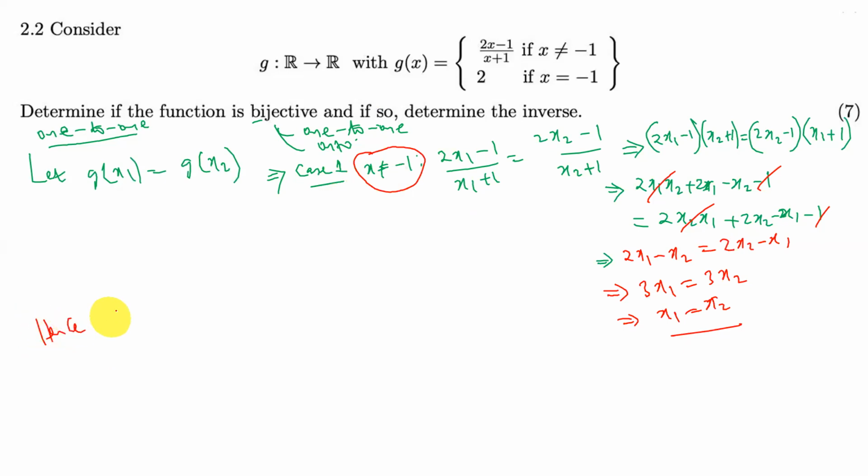So hence, we're proving the bijectivity part, determining if the function is bijective. So hence if g of x1 is g of x2, then x1 is equal to x2. Or we can write it like this and say hence g of x1 equals g of x2.